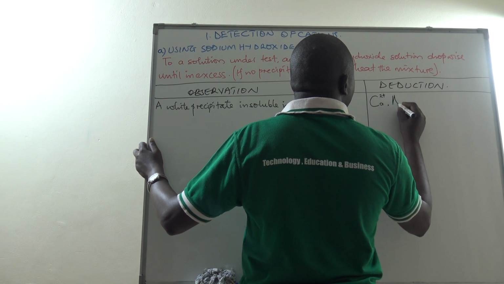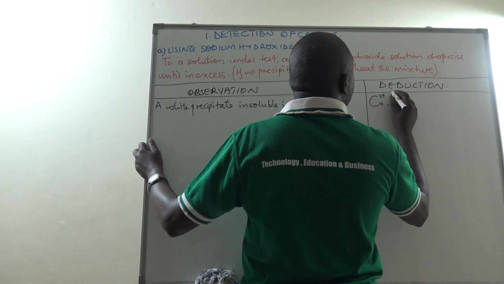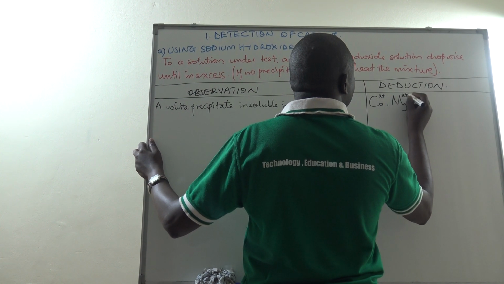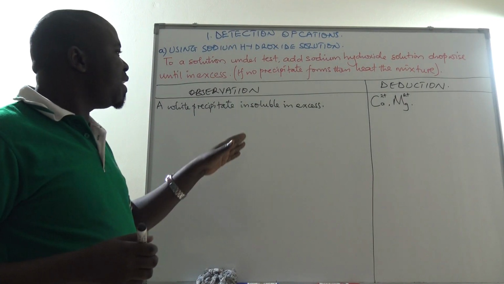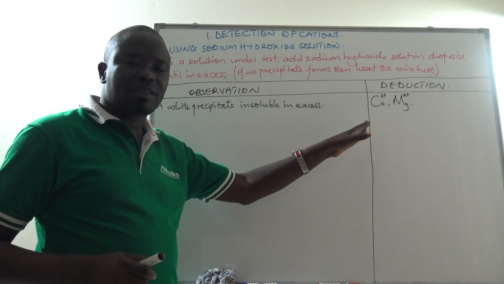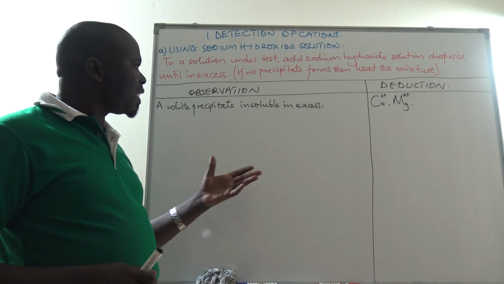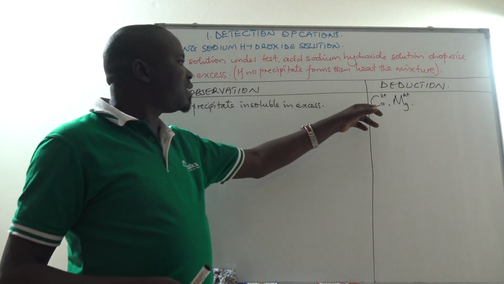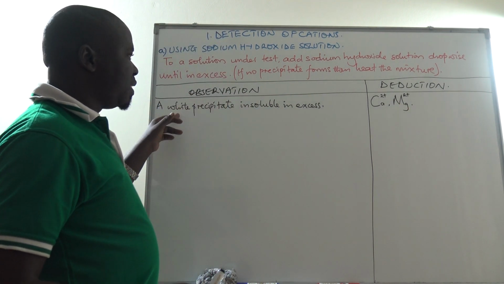and then we have also magnesium ion. Only these two cations. We may not be so much bothered with other writings like present, suspected, probably present. Just write for us the cations. These are the cations that give us this observation.